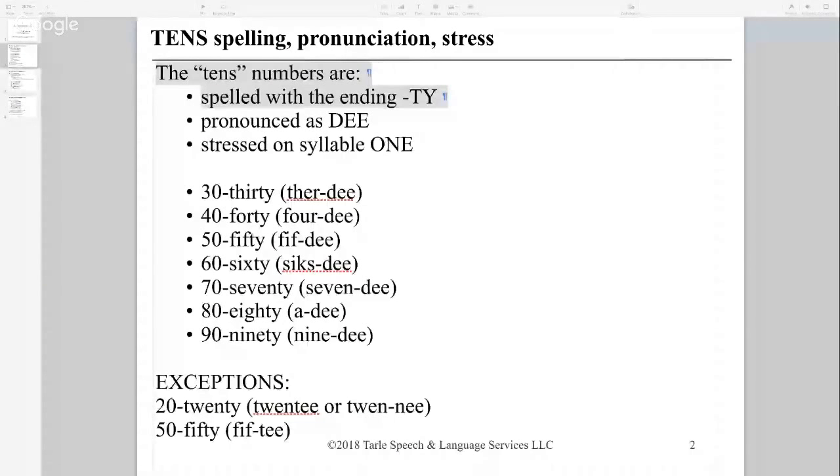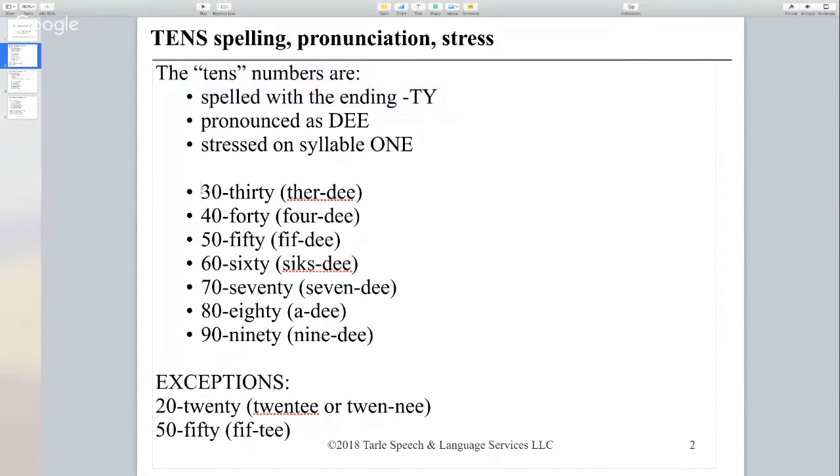So now I'm going to show you the handout so that you can follow along if you really want to know that spelling. Okay, so I wrote them two ways for you here. I wrote it as the number 30, and then I spelled it out for you. And then I wrote it phonetically for you so that it would be a little bit easier for you to read.